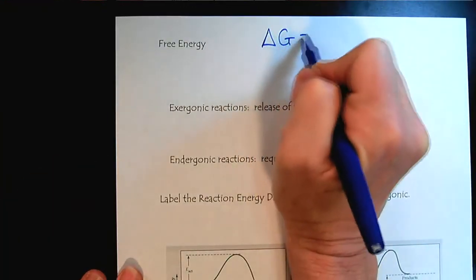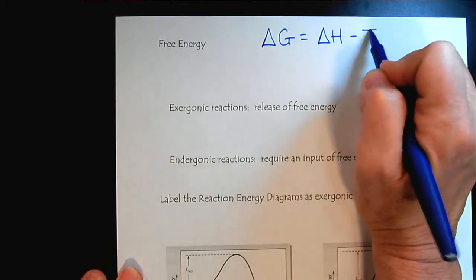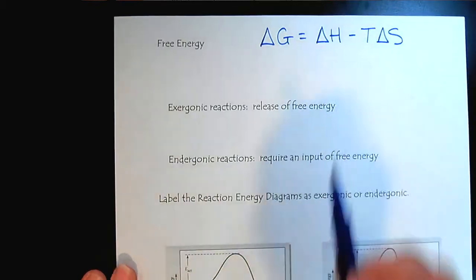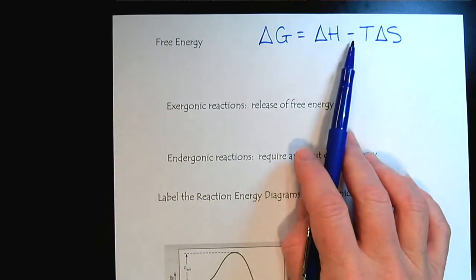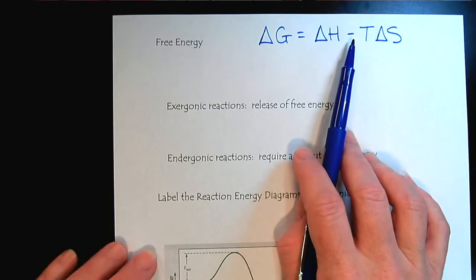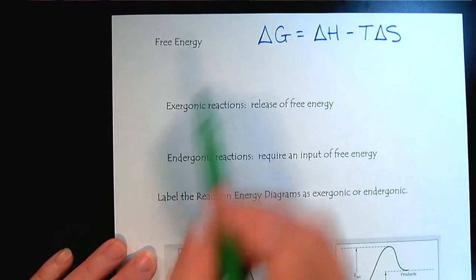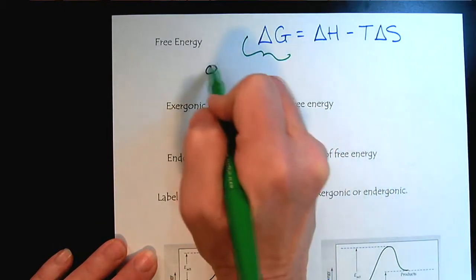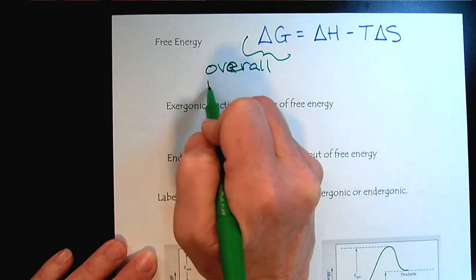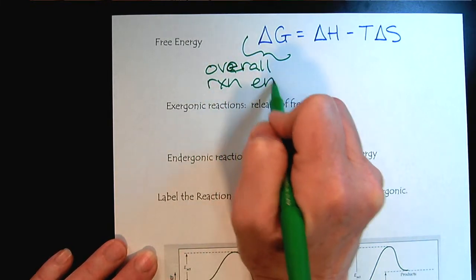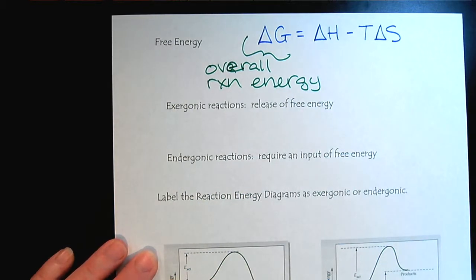The Gibbs free energy is the enthalpy minus T delta S. It's important to keep in mind that this negative sign is part of the formula. When we think about the Gibbs free energy, you can think about this as the overall reaction energy, allowing for all the different aspects.